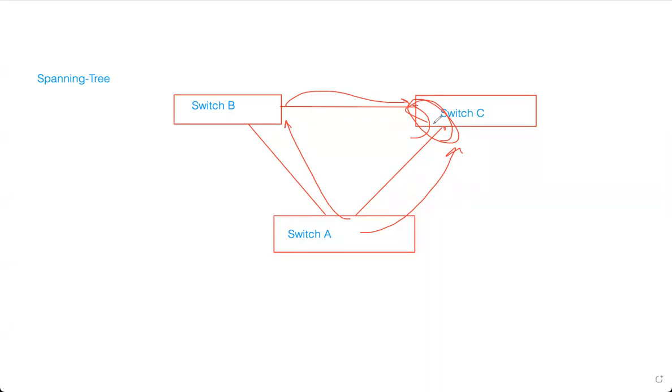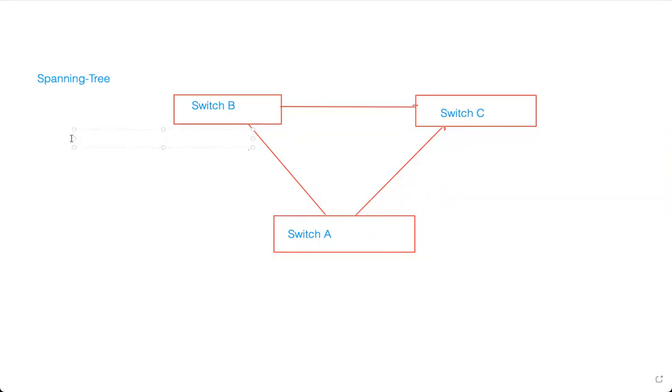Okay, so now let's talk about how the spanning tree will avoid that loop. Switches will talk between them using a message called BPDU.